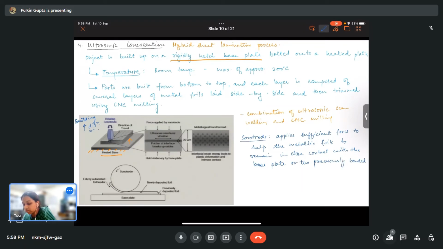If this bonding is not good enough, then your structure will just collapse or fail under certain shear forces or tensile forces.